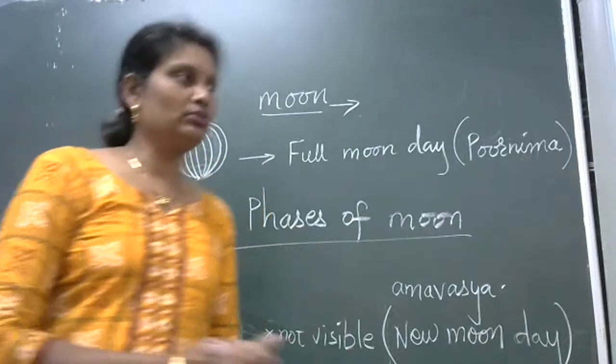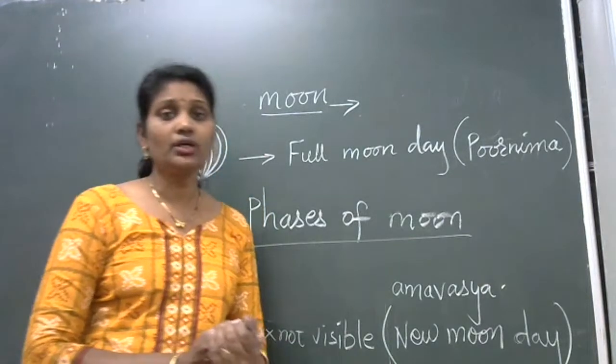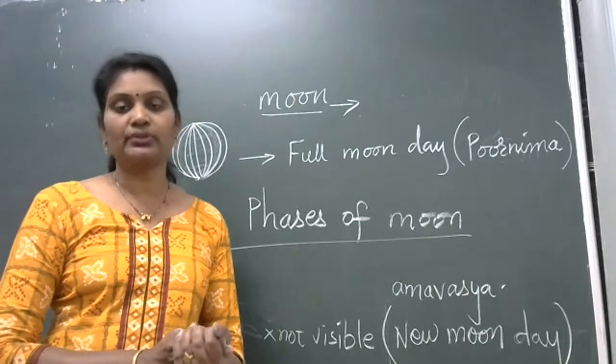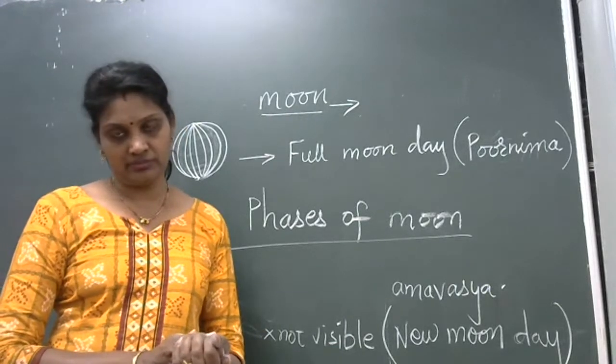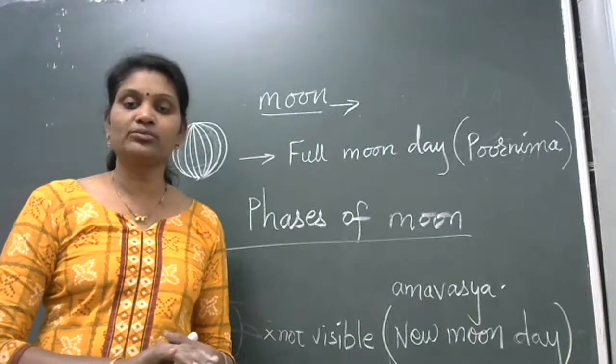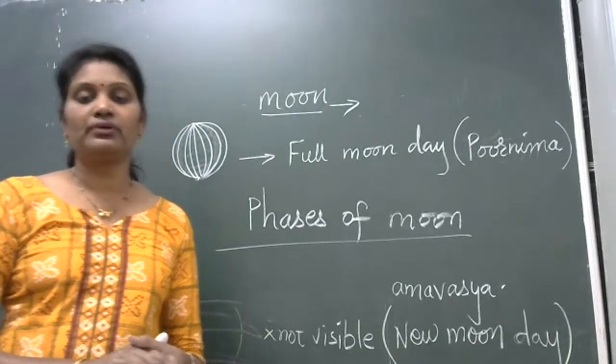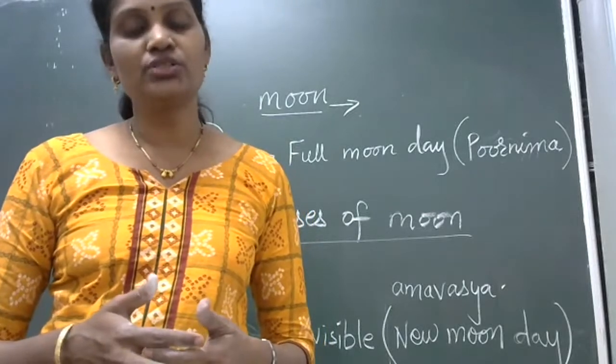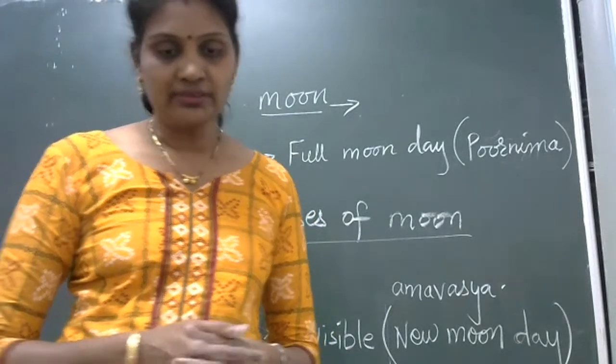Then so now why does the moon change the shape every day? Now, why does the moon change the shape every day? Every day, why is it changing the shape? Isn't it?